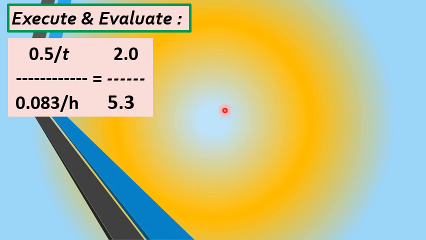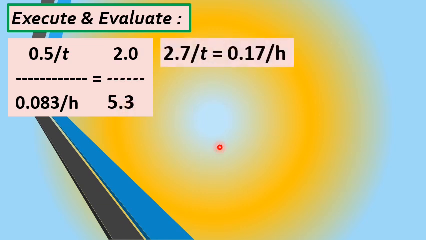So cross multiplying, we get 5.3 times 0.5 over the time t will give us 2.7 divided by the small letter t, being equal to the product of 0.083 per hour and 2.0, which is equal to 0.17 per hour.